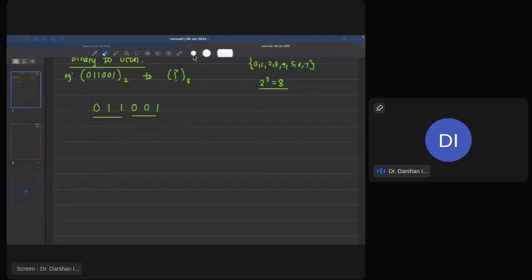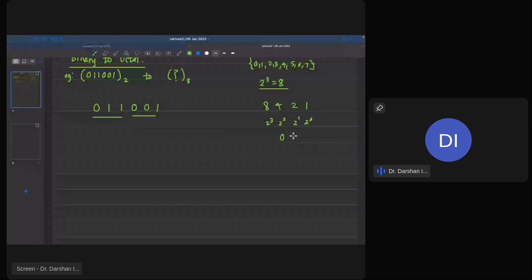Now, what is the binary equivalent of this? Binary, you remember, is given by the form 8421, right? This is basically 2 raised to 0 is 1, 2 raised to 1, 2 raised to 2, 2 raised to 3. What is 001?